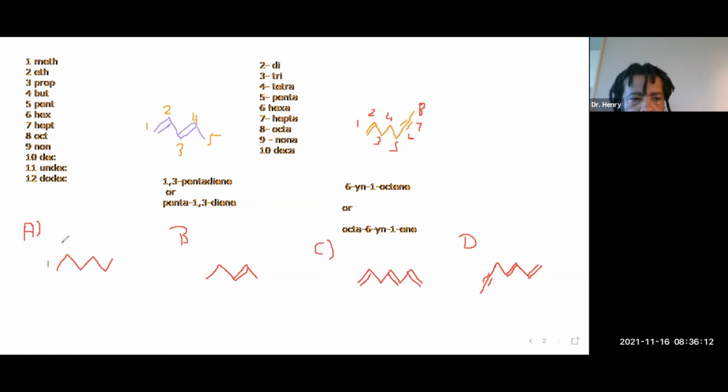That's 1, 2, 3, 4, 5, and 6. So this has 6 carbons, so we'd use hex as our prefix.